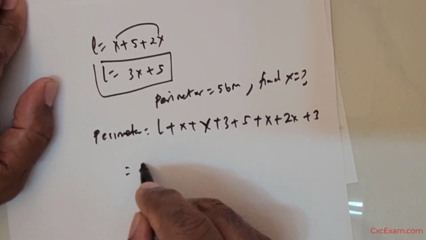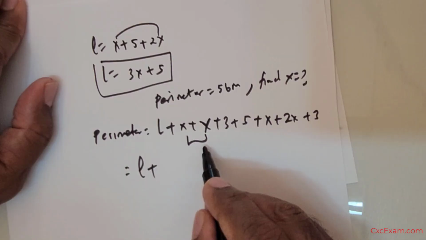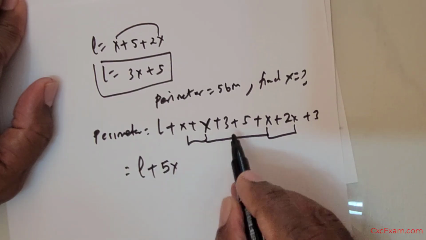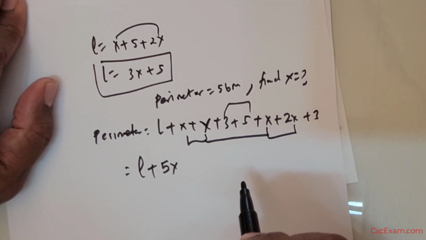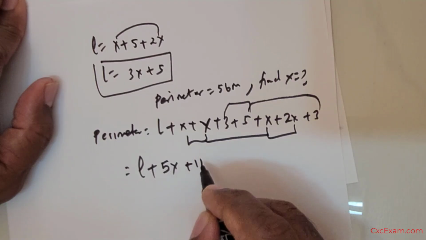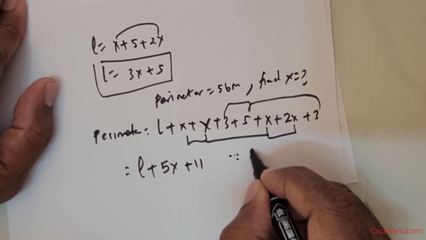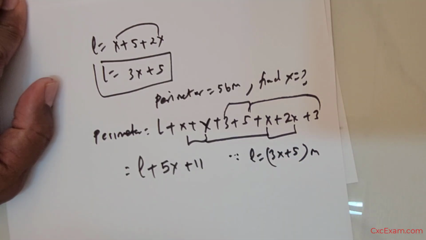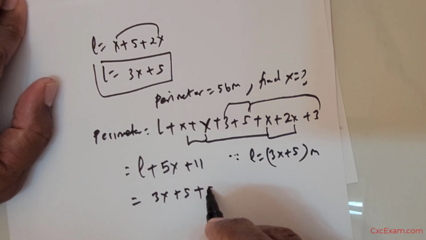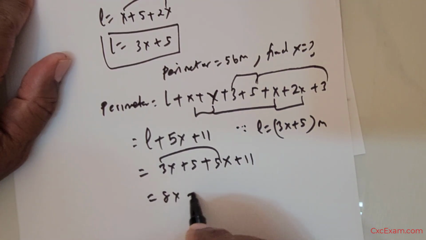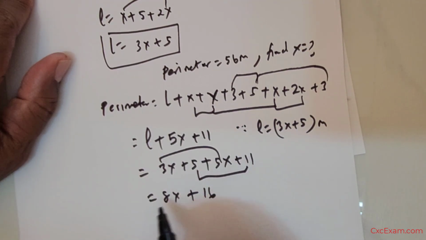So this is equal to L, X plus X, 2X, 3X, 5X, 3 plus 5 is 8, and then you have 11 there. But L is what? L is 3x plus 5 meters. Substitute that. So 3x plus 5 plus 5x plus 11. So 3x added with 5x will give you 8x. 5 added with 11 will give you 16.